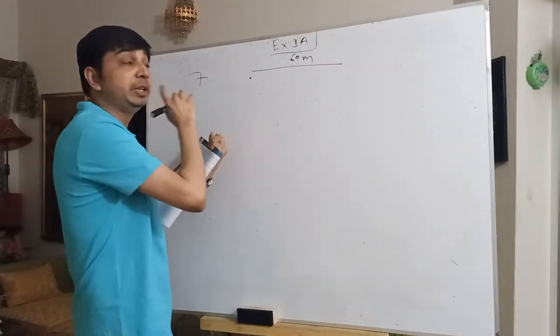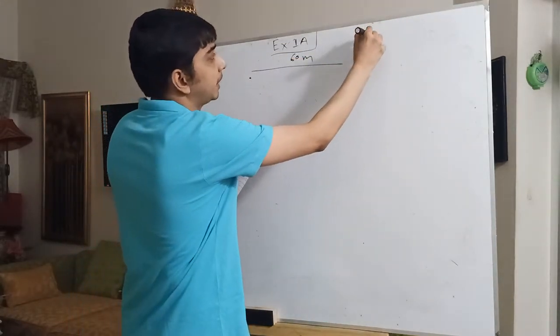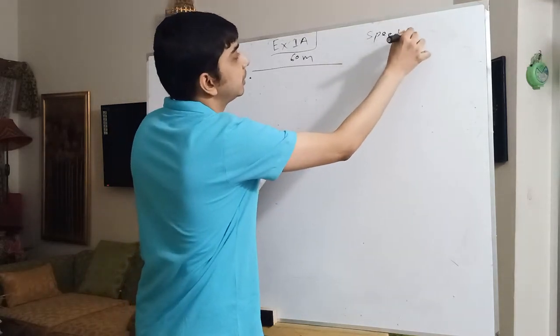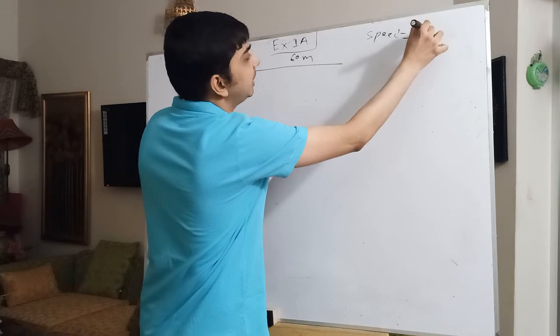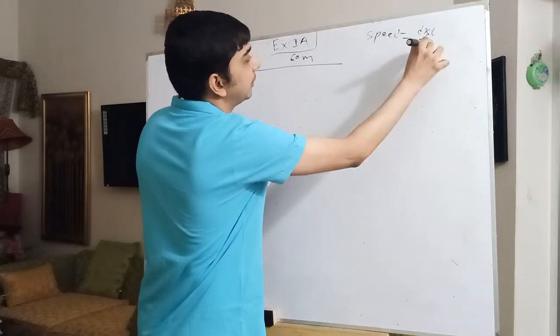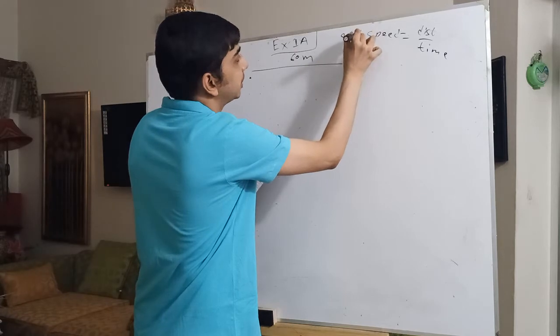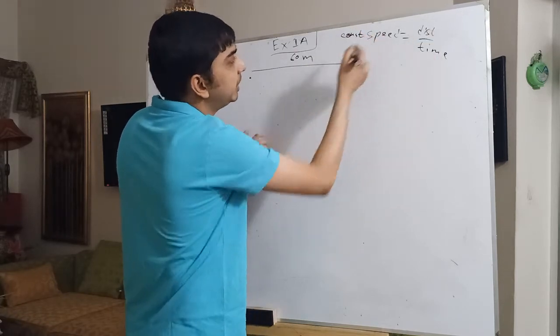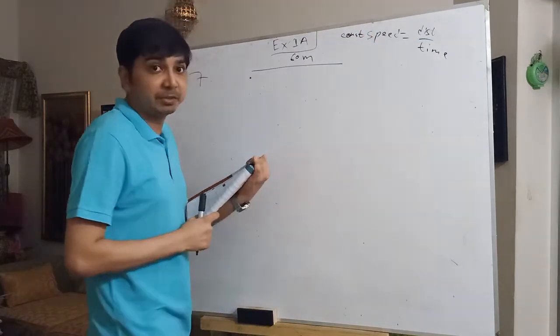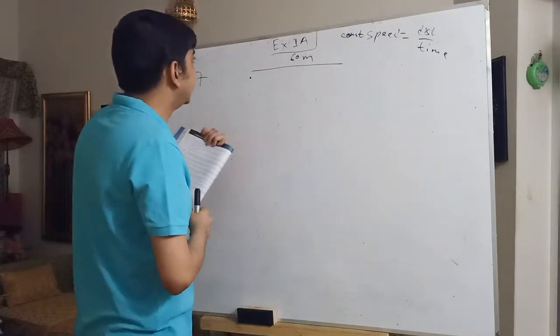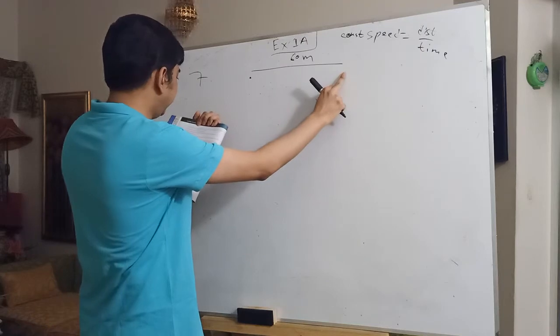If the speed is constant, speed is equal to distance by time. So distance traveled will be speed into time in that case. Simply speed into time, since the speed is constant. So in this way you travel 60 meters.